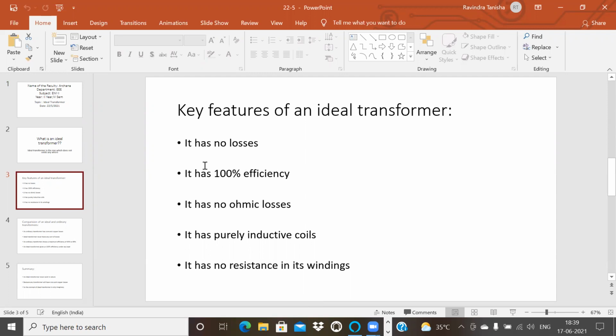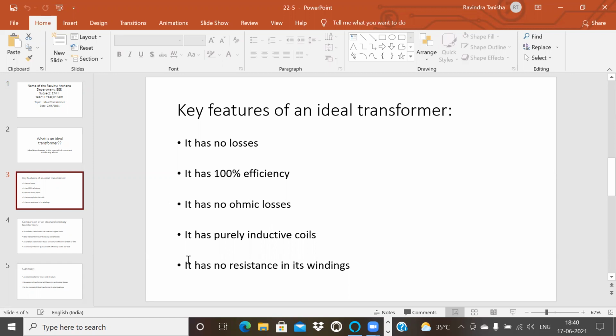The ideal transformer is the one which has purely inductive coils. If the coils are purely inductive in nature, then automatically there is no resistance carried by the coils. So the ohmic losses are 0. The winding resistance is 0.